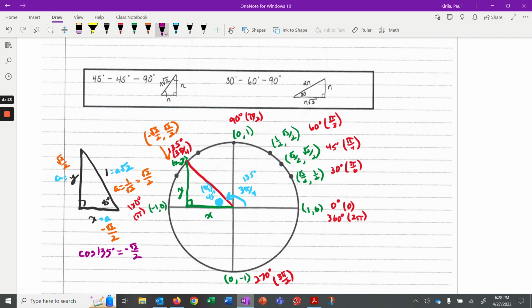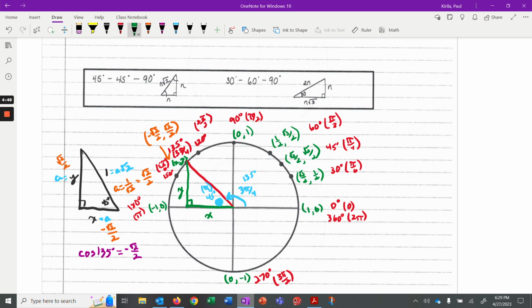We're going to run into similar things with our other angles: 120 degrees, which is 2 pi over 3, and 150 degrees, which is 5 pi over 6 radians. We get coordinates that are mirror images of the 30 degree and 60 degree angles, but the x's have to be negative because we're moving left, not right.